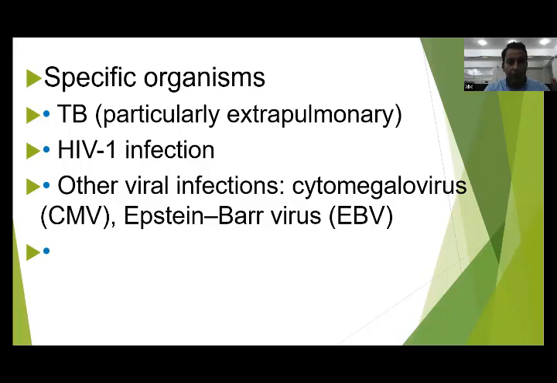HIV infections. Nowadays, in Pakistan, HIV patients are increasing. Other viral infections: cytomegalovirus and Epstein-Barr infections. These are the few things which will come to your mind when you see a patient with PUO. Number one is TB, then HIV and other viral infections. These are very lethal viral infections, cytomegalovirus and Epstein-Barr virus.